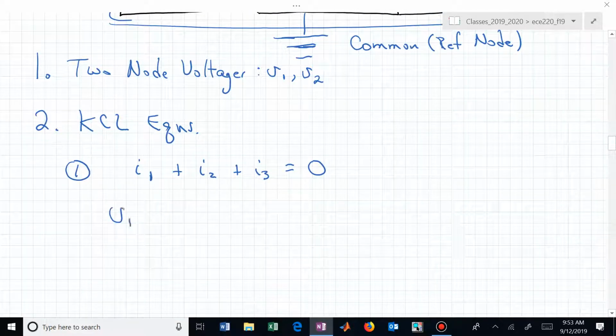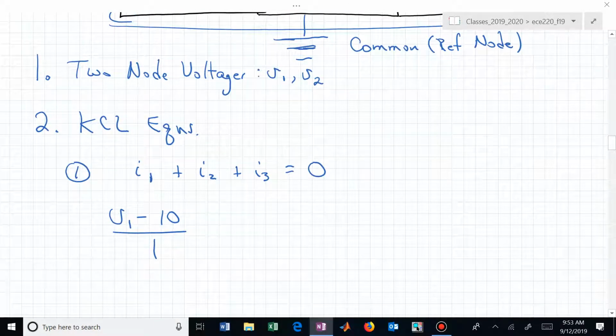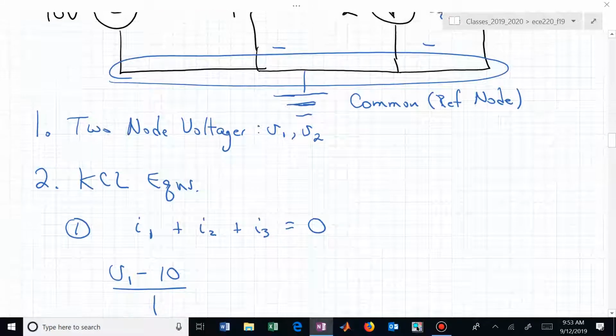We now have V1 minus 10 divided by 1. That's I sub 1. That's just Ohm's law.